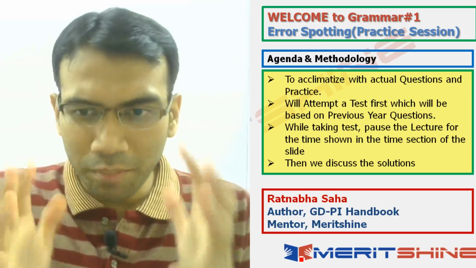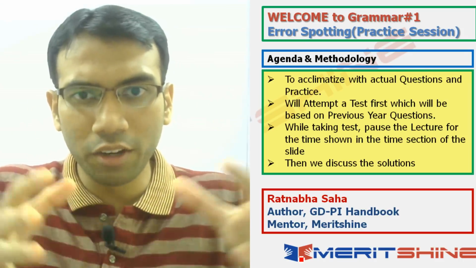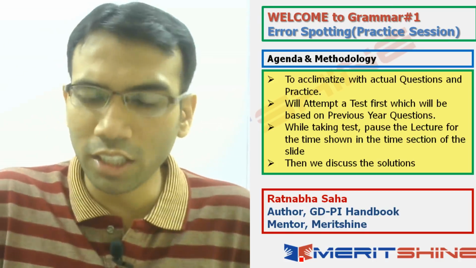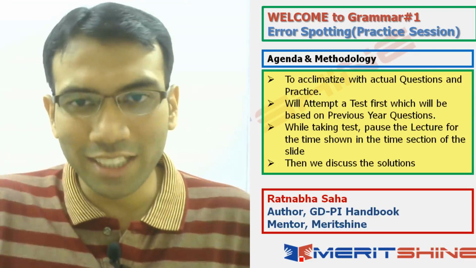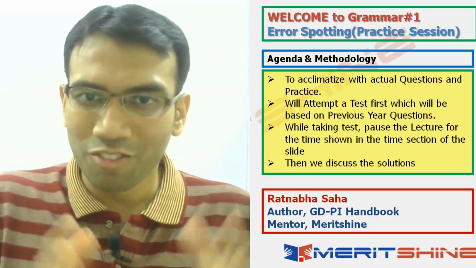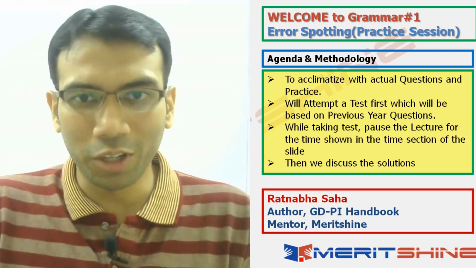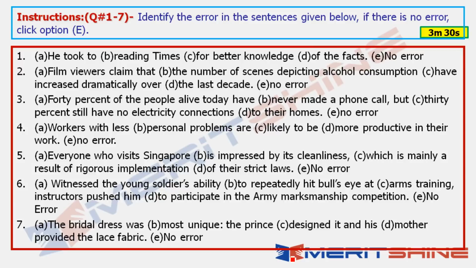So that's the pattern, the broad idea of how these lectures would be, and how today's lecture will be. So let's start off with the practice session of English language for the IBPS PO 2018 exam. Error spotting is today's topic. Let's see.